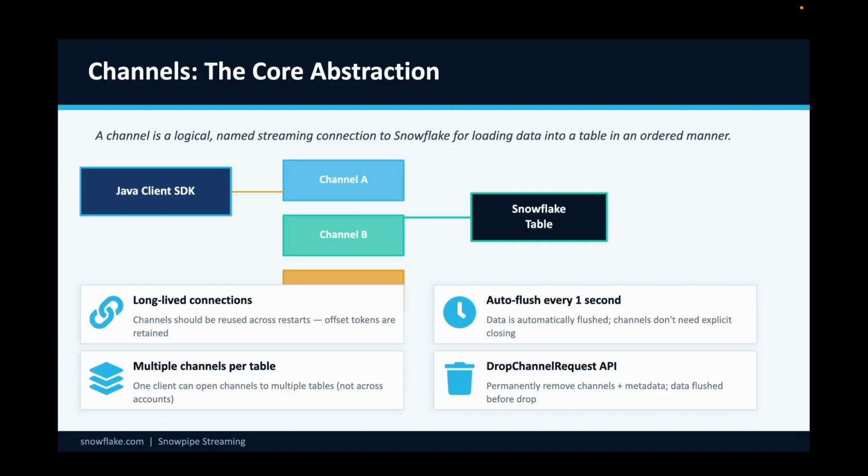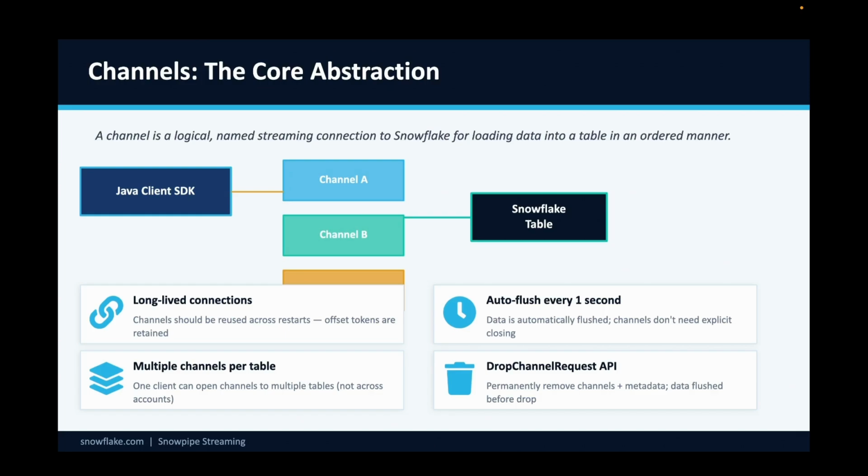Channels are the core abstraction to read the data from source and ingest the data into target. A channel is a logical named streaming connection to Snowflake for loading data into a table in an ordered manner.